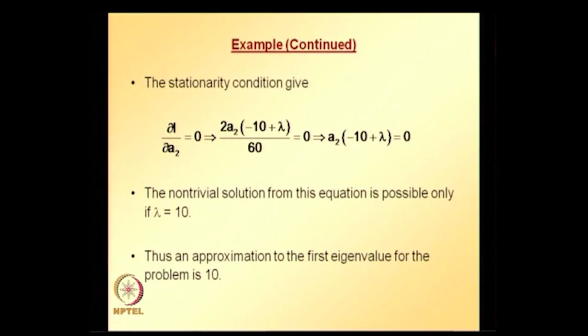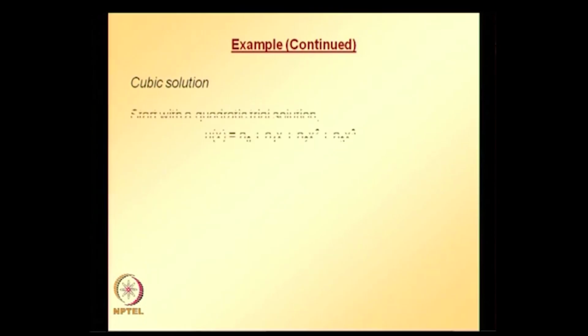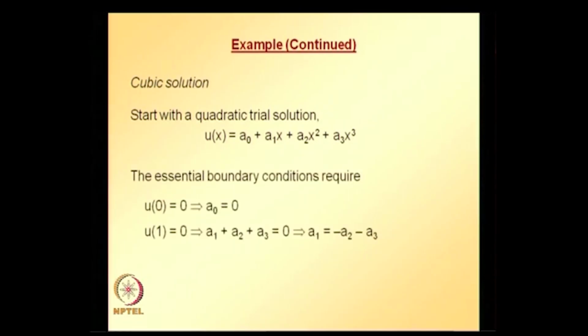and as we did for the previous problems, we can start out with a cubic trial solution. We will go through this process quickly. Start with a cubic trial solution, a0 plus a1x plus a2x square plus a3x cube, and substitute the essential boundary conditions, and that leads to a0 is equal to 0, a1 is equal to minus a2 minus a3.